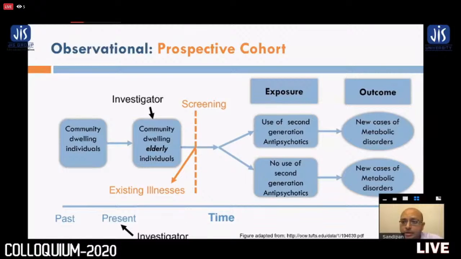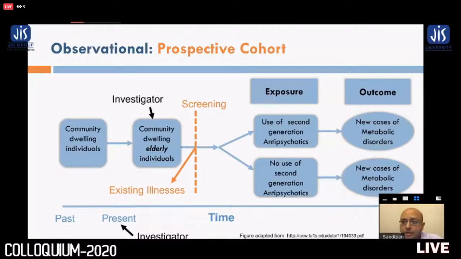Pragmatic trials, as I mentioned before, can be very expensive, whereas observational studies are much cheaper to conduct. In terms of internal validity, RCTs, as you can imagine, have the highest internal validity because of randomization. Very close next, second, come the pragmatic clinical trials, and observational studies have much lower internal validity.